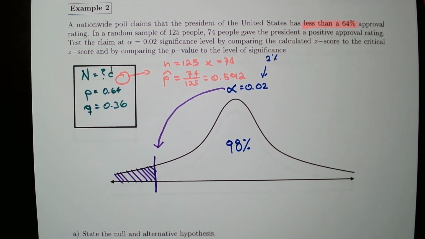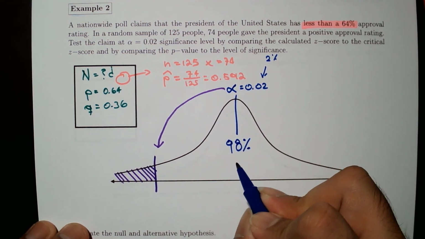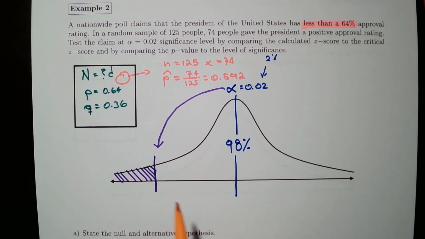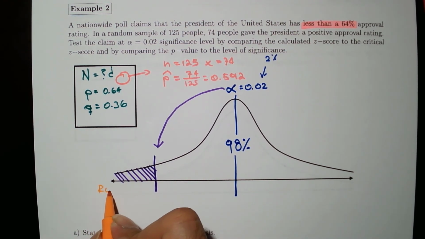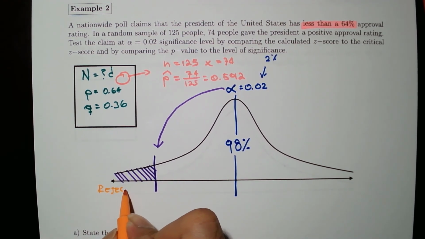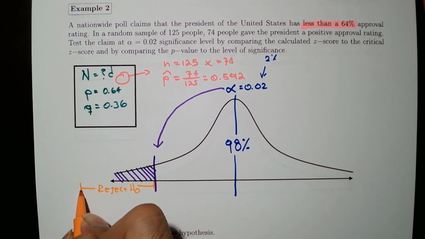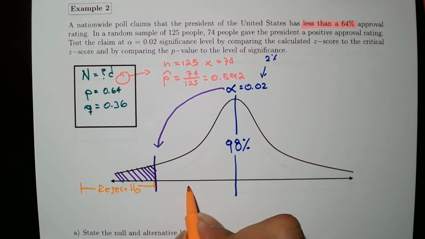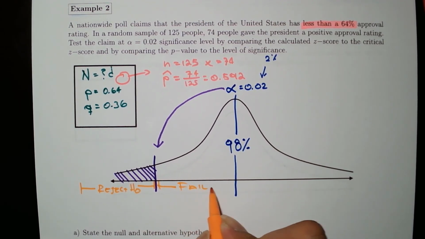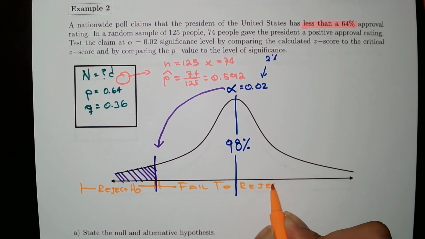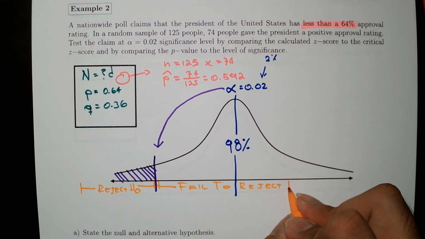Do we need to know or do anything else? Well, not really. So if the test statistic falls in the shaded region, reject the null hypothesis. Otherwise, fail to reject the null hypothesis.